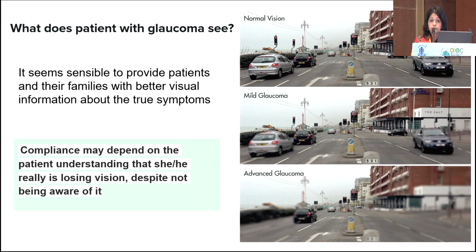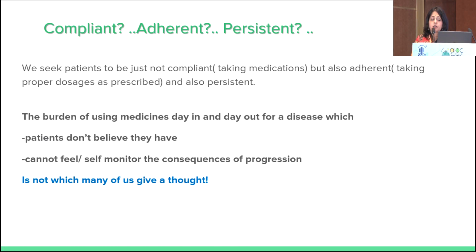What I mean to infer by this is giving better visual information about the true symptoms to the patient may help the patient understand that he or she is really losing vision despite not being aware of that. This is one example of the image, what I mean to convey, which will in turn improve the compliance.